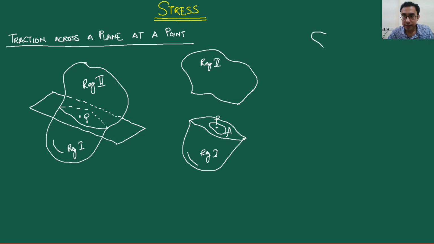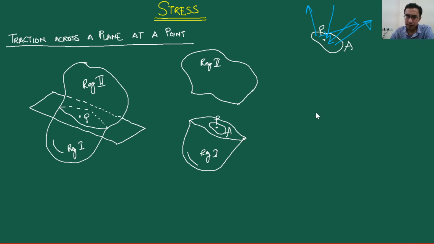So I'm drawing it separately here. This is my point P and this is my area A. Now you understand that on this area A there will be a certain distribution of forces. Let me denote that distribution of forces like this, some generic distribution of forces. Crisscrossing doesn't matter.